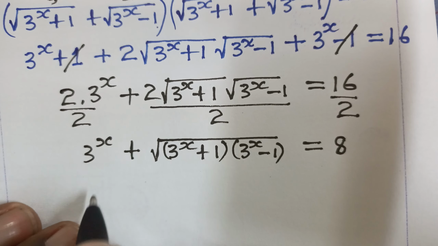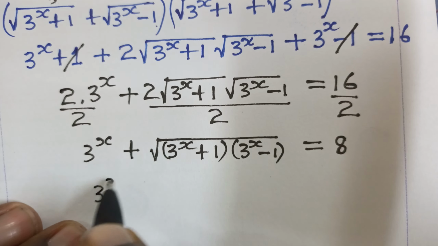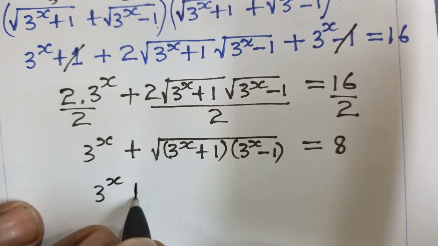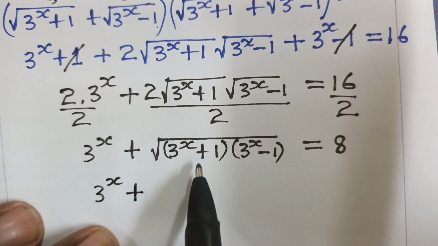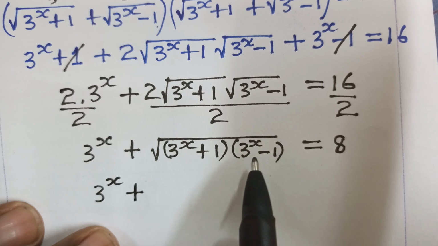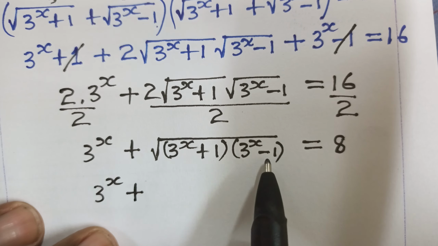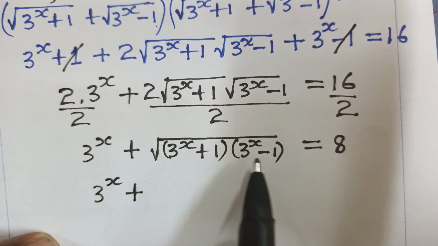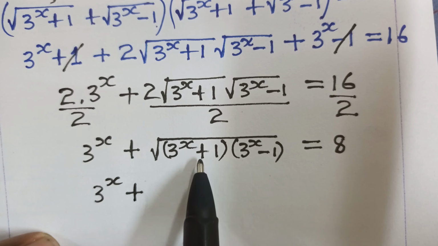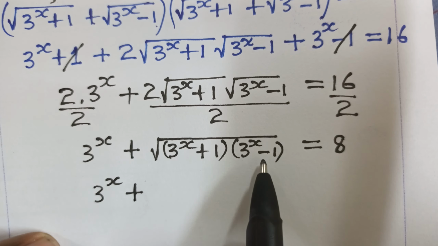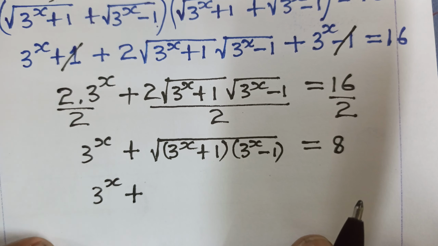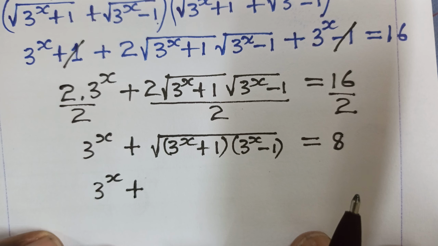Now from there we have 3^x plus the square root of these two terms. You have plus and negative and they are equal, only that one has plus and the other has negative. These are brought about by the difference of two squares.